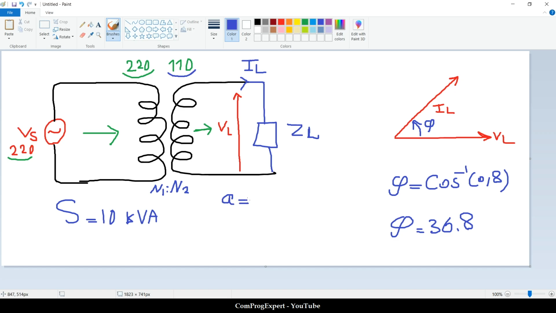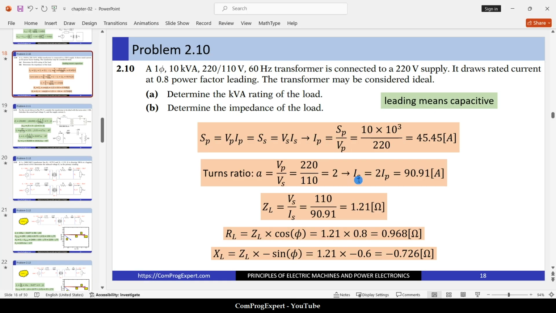So the current of the secondary coil is equal to 2 times I primary, that is 90.91 amps.